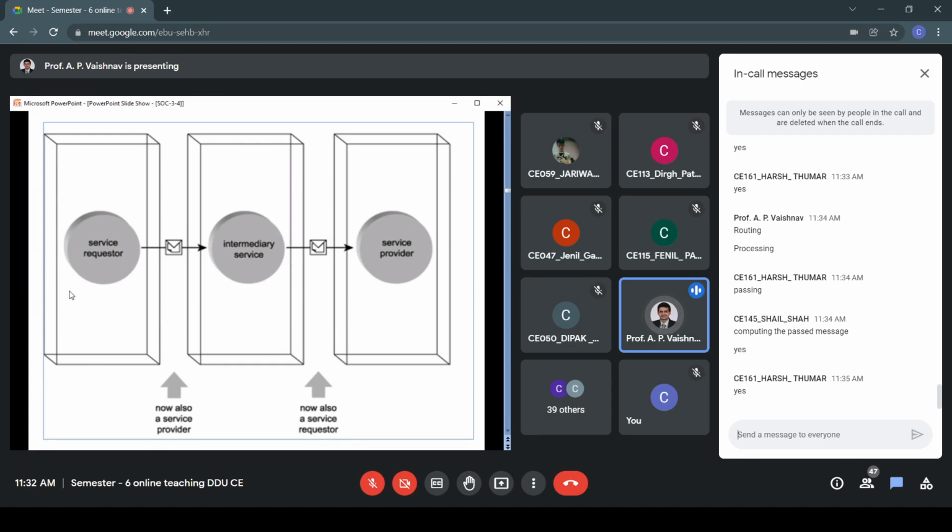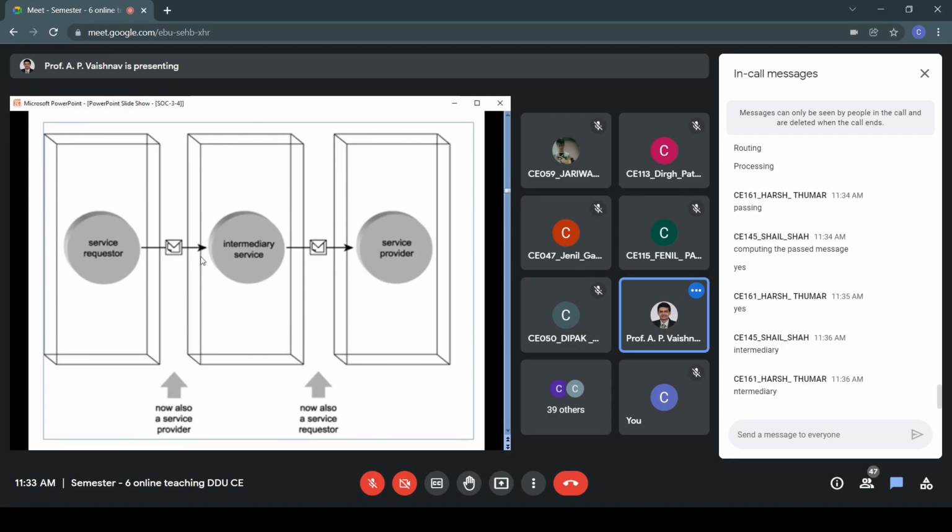When you send the left-hand side SOAP message, it goes from the requester to the intermediary, which is acting as a provider for the first message from left to right. But when the intermediary forwards the message to the provider, now its role changes.